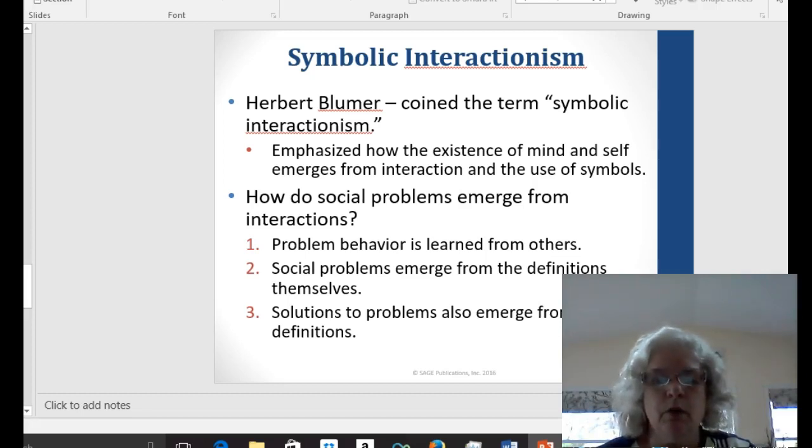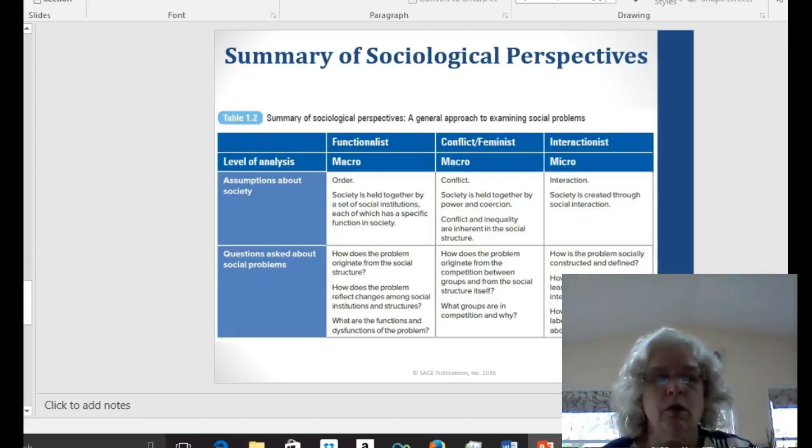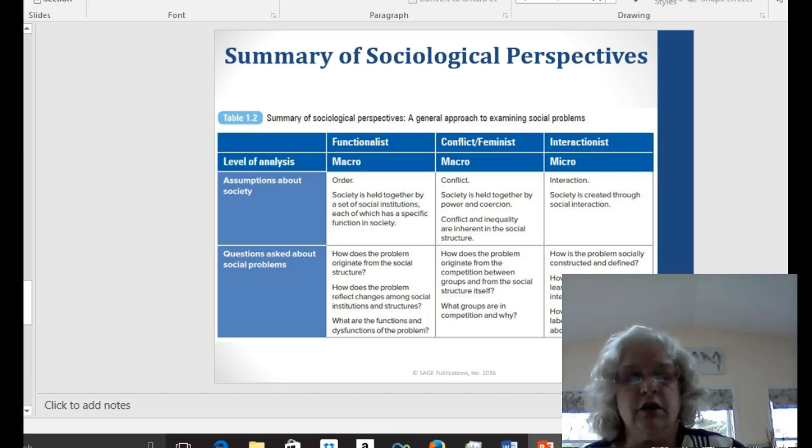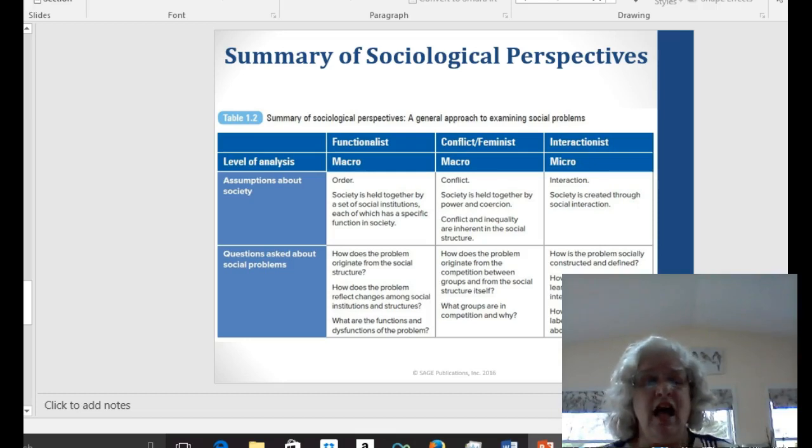Social problems emerge from the definitions themselves as we define them, and the solutions to the problems also emerge from those definitions. So as you're going through this course, for each chapter, you're going to see this breakdown: functionalist, conflict, interaction, the micro and the macro, looking at what we determine the problem is and how we address the problem.